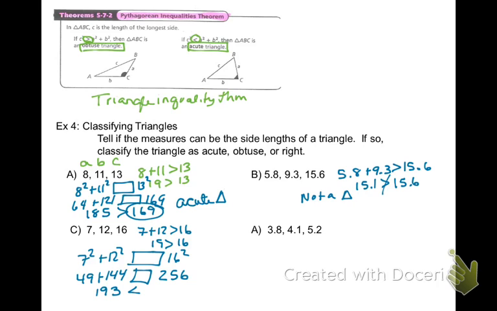This time it's less than 256. So c squared is the bigger number, so it is going to be an obtuse triangle.